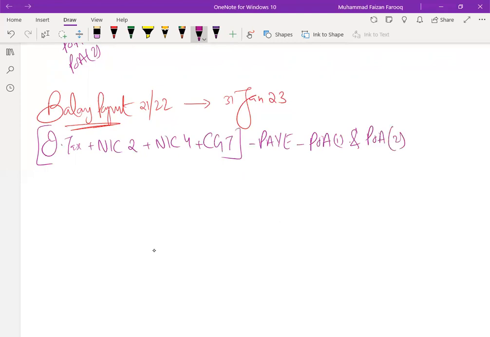This is the formula to calculate balancing payment. We already know the formula to calculate POAs. Now we know the formula to calculate balancing payment.